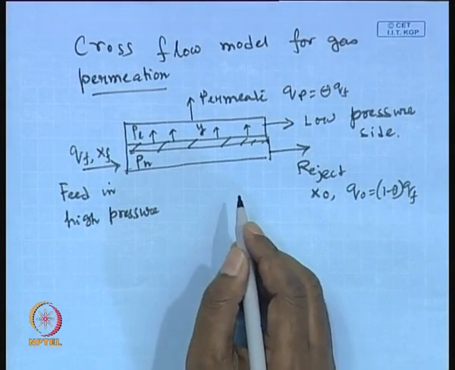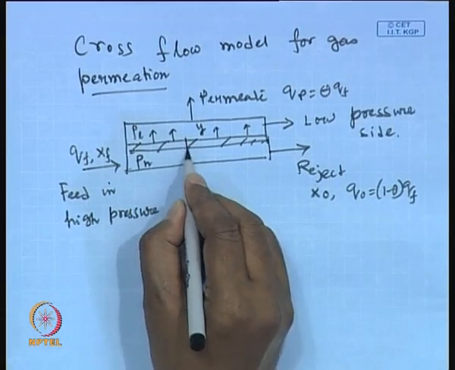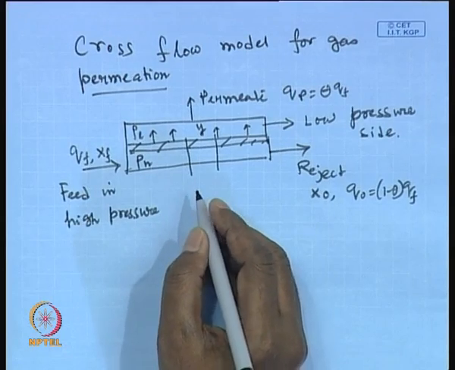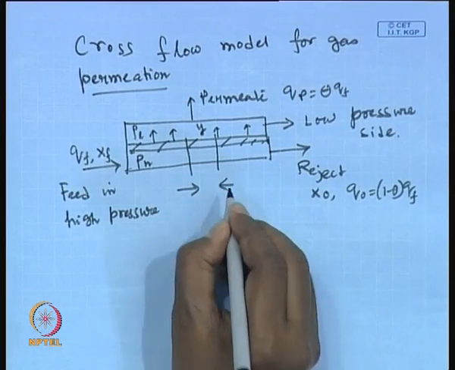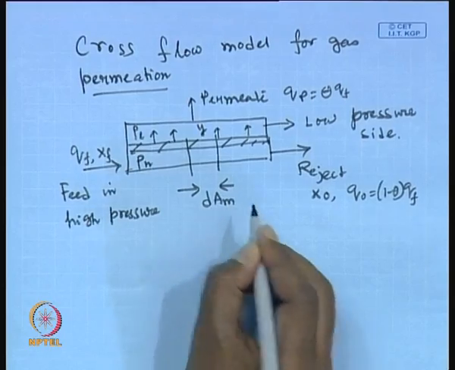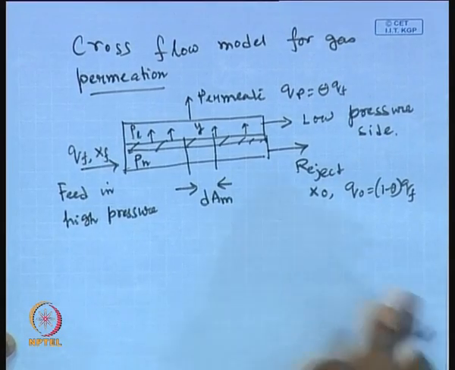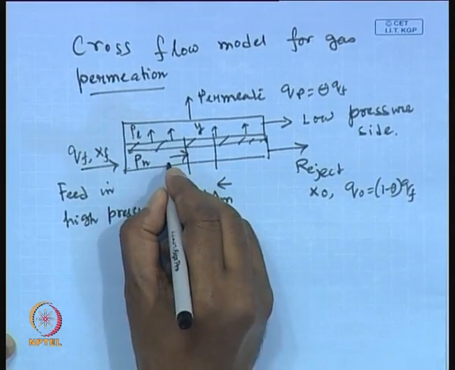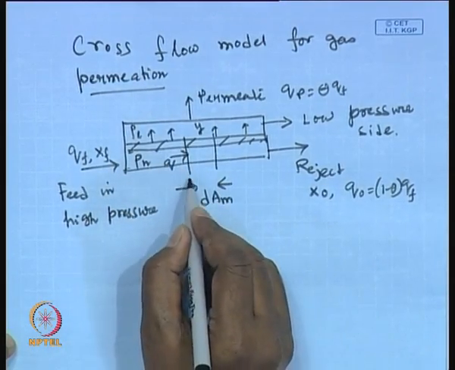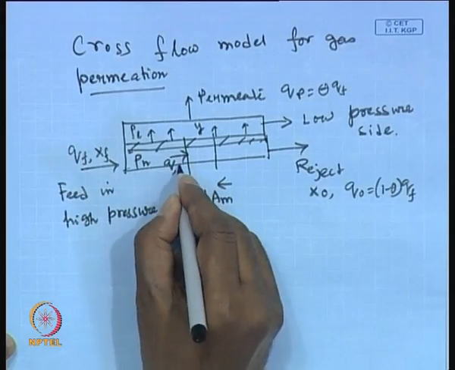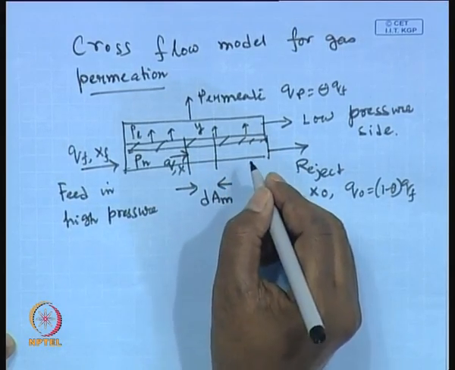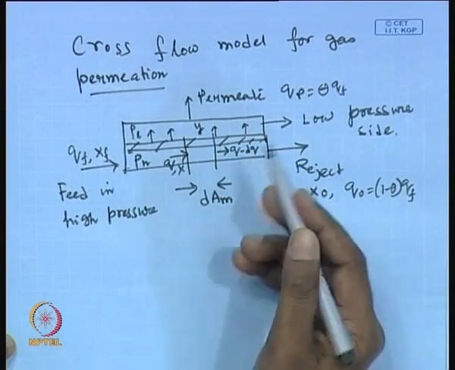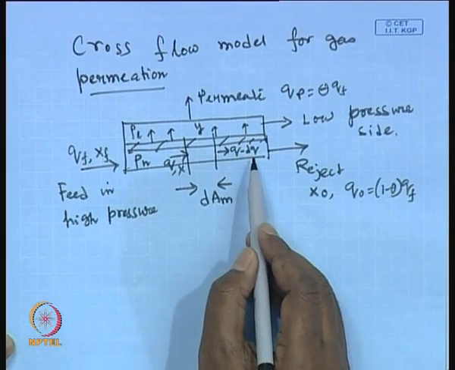Okay. Now, if you consider a differential element in the feed chamber, located over a membrane area of dAm, at the location L, Q is the flow rate and x is the mole fraction, and at L plus delta L, since some amount of permeate is going away to the permeate side, the flow rate will be decreasing.